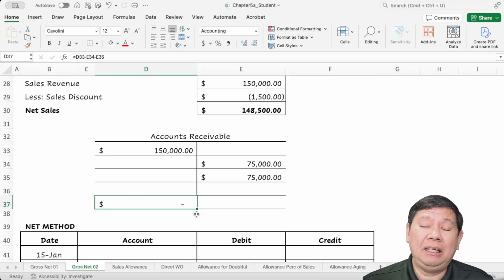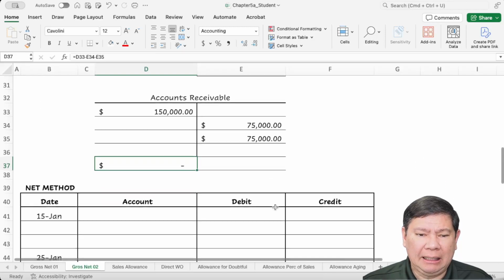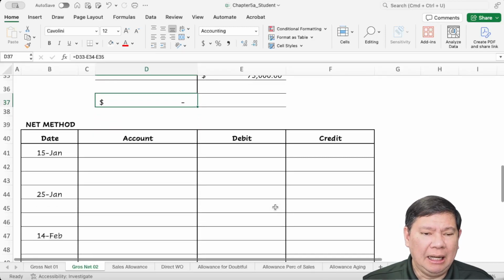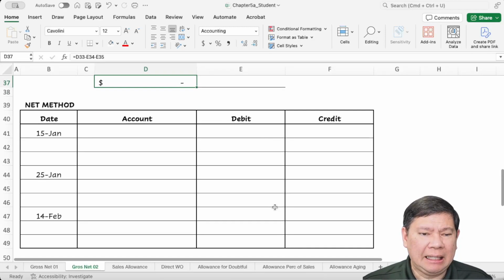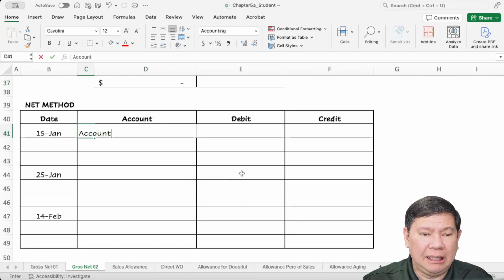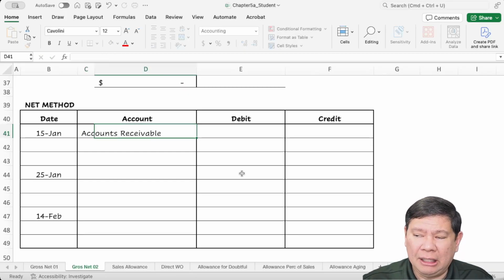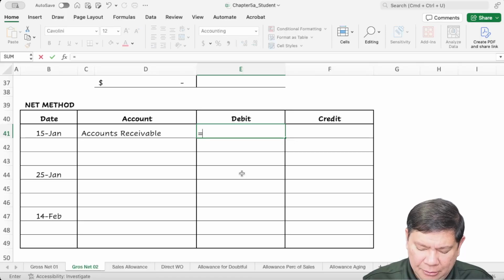Now, what if we use the net method, in that we expected the discount to be used by the customer from the very beginning? So when we recorded the accounts receivable, this is already based on the net amount, 98% times $150,000.